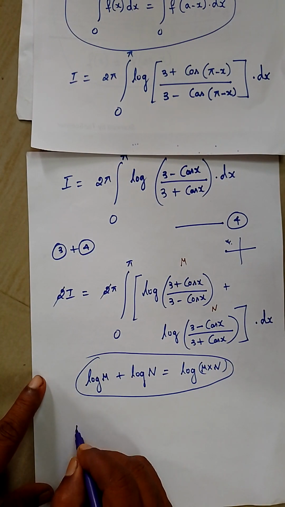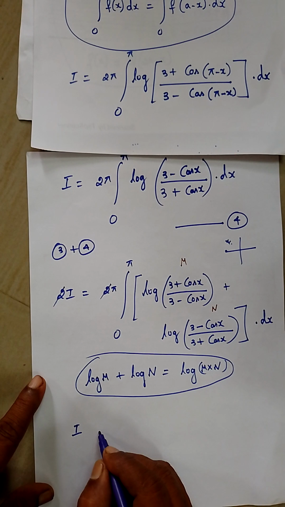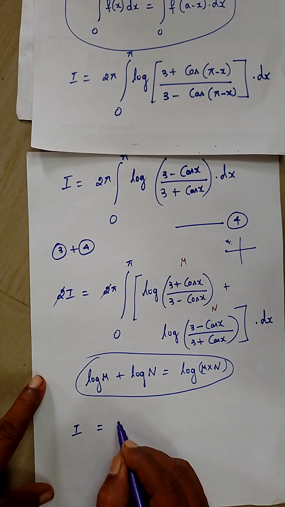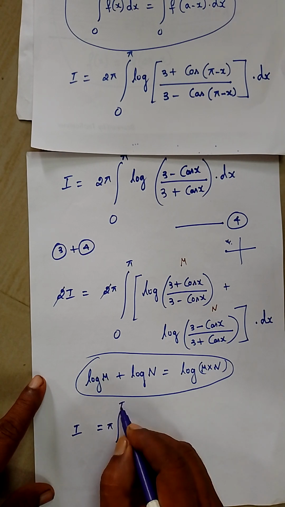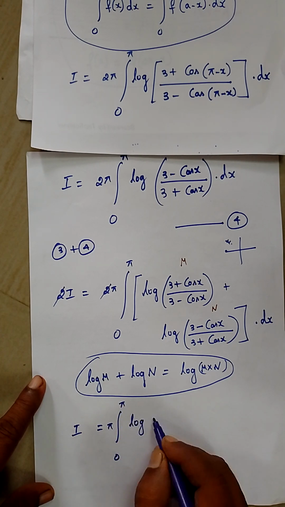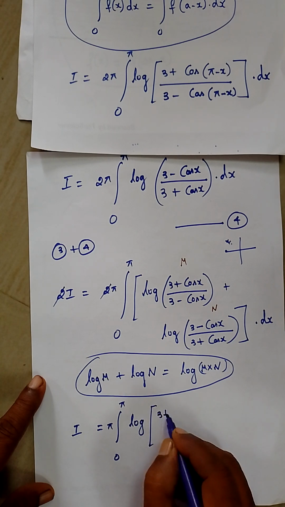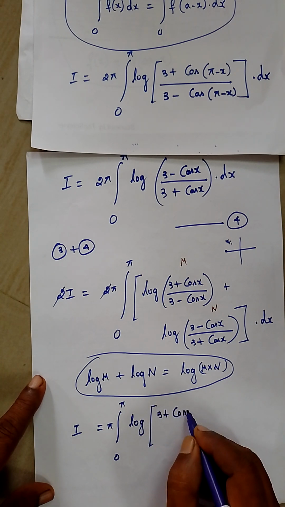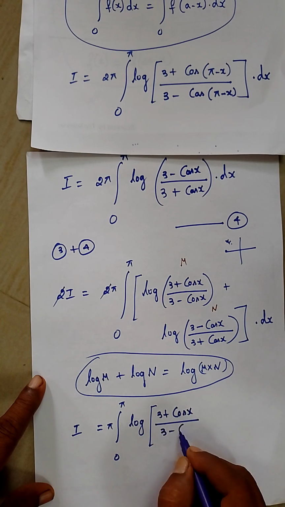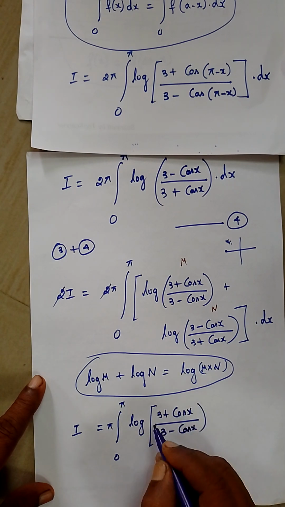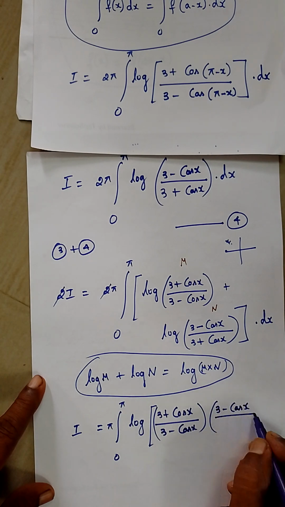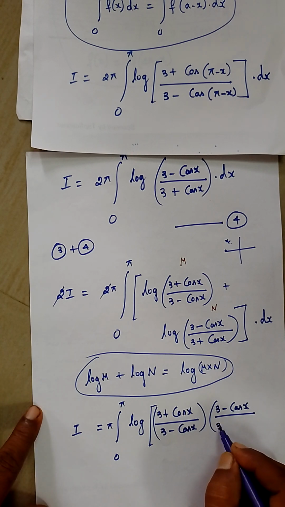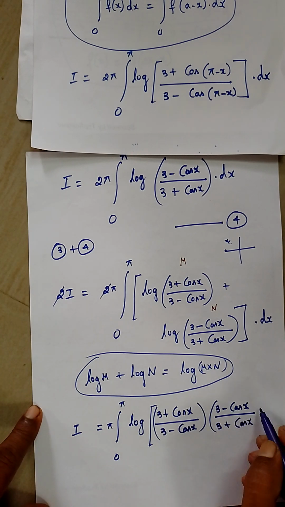Therefore I is equal to pi integral 0 to pi log of m into n, where m is (3 plus cos x) by (3 minus cos x), into (3 minus cos x) by (3 plus cos x), into dx.